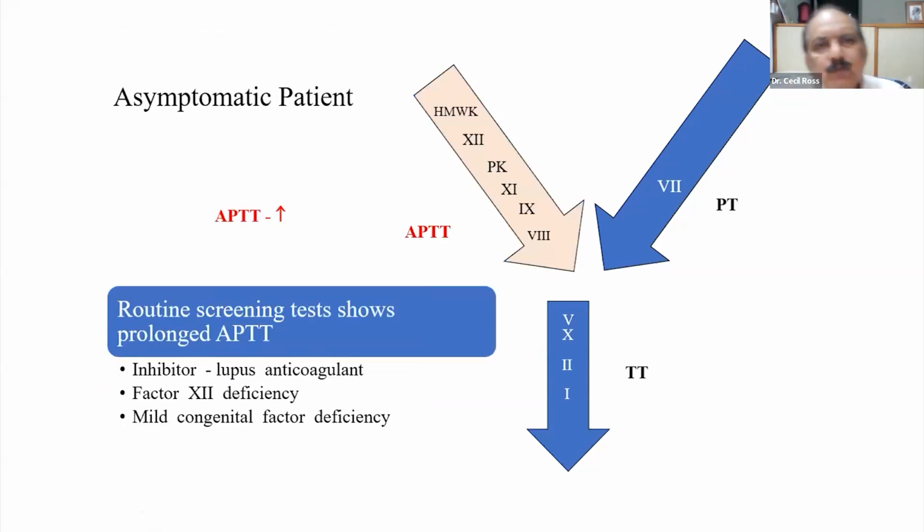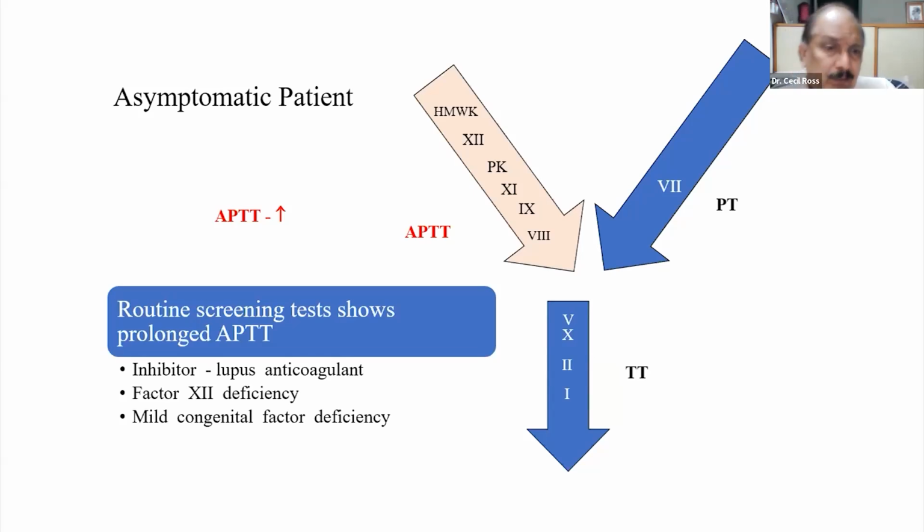Supposing the patient is asymptomatic and the PTT is prolonged. Normally, you get this kind of situation with requests from nephrology, where the person wants to have a liver or kidney biopsy, and the APTT is prolonged, so they want to know what to do, because the person has normal size kidneys, has renal failure or nephrotic range proteinuria or something like that, and they want to do a kidney biopsy.